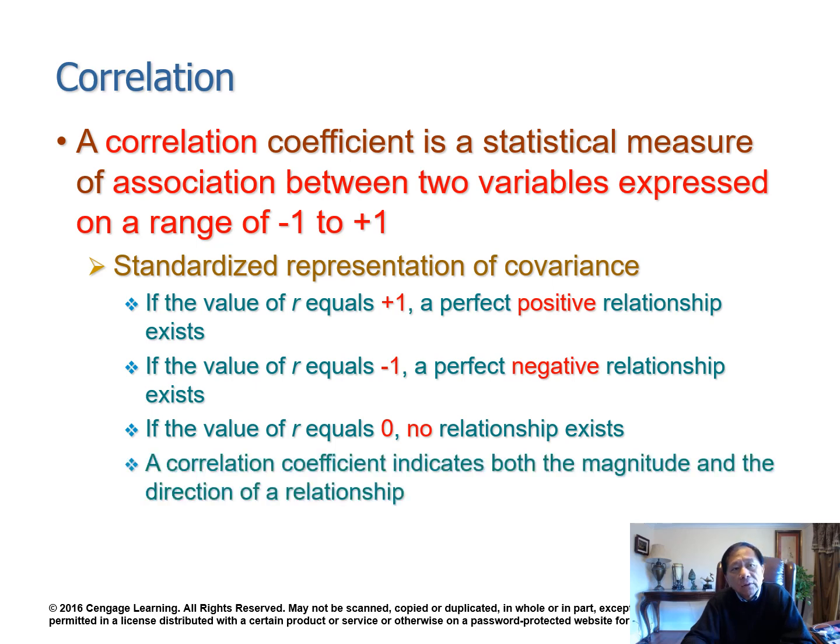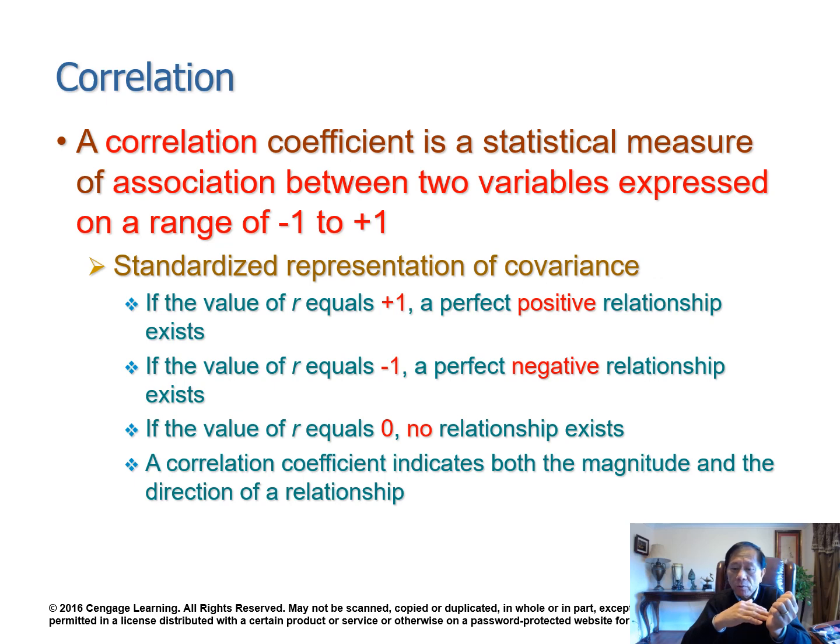A correlation coefficient indicates both the magnitude and the direction of the relationship. The closer to +1 or -1, the higher the magnitude, the degree of association. The closer the value is to 0, the smaller the magnitude of correlation.